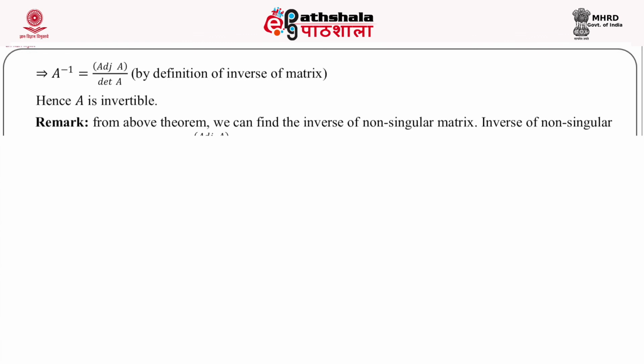So here the inverse of A will be given by adjoint of A divided by determinant of A. Hence A is invertible.